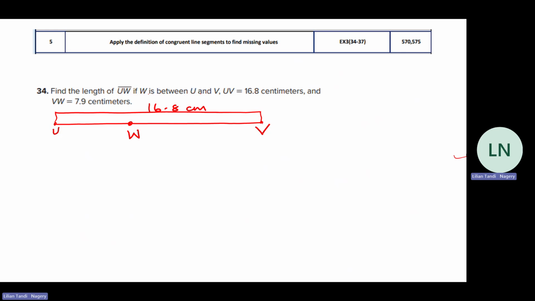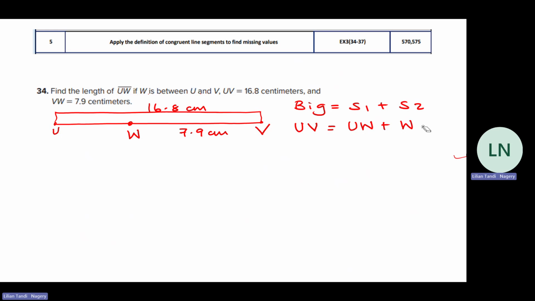V to W, which is from here to here, is 7 and 9/10 centimeter, meaning I don't know UW. So I will write big equals small 1 plus small 2. Big is UV, small 1 is UW, and small 2 is WV.